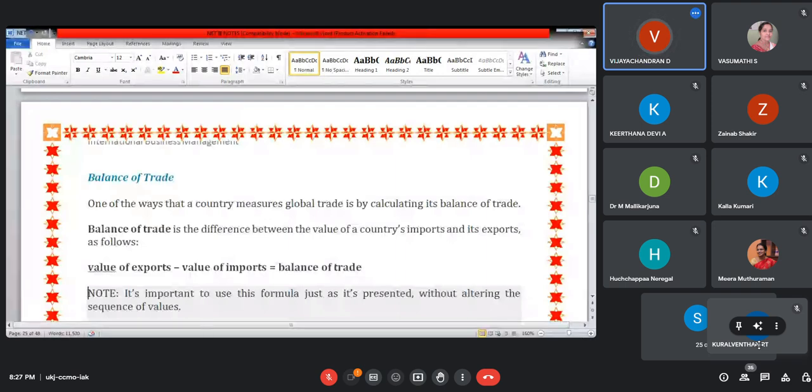That is adverse. Okay. So again, I'm saying, what is balance of trade? The trade by one country with the rest of the world. How much quantum of trade by a country with the remaining countries in the world.